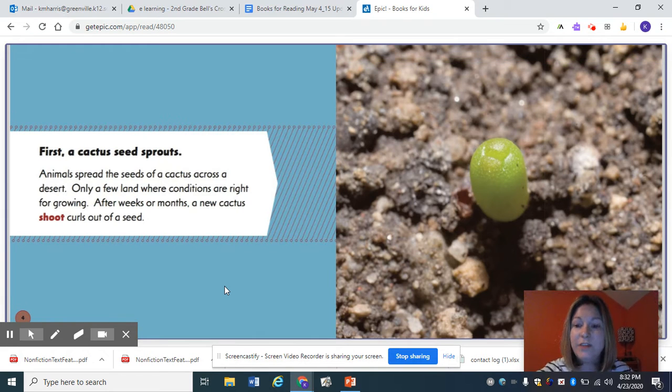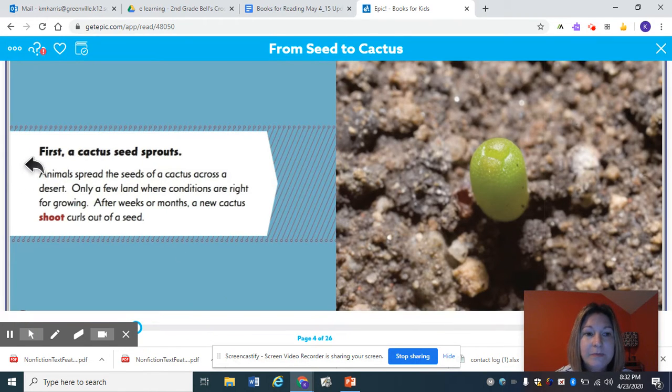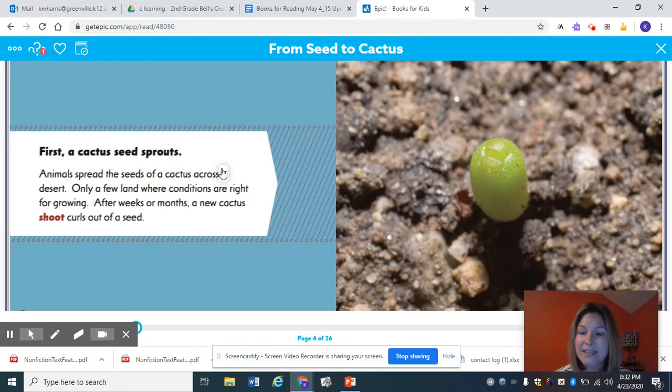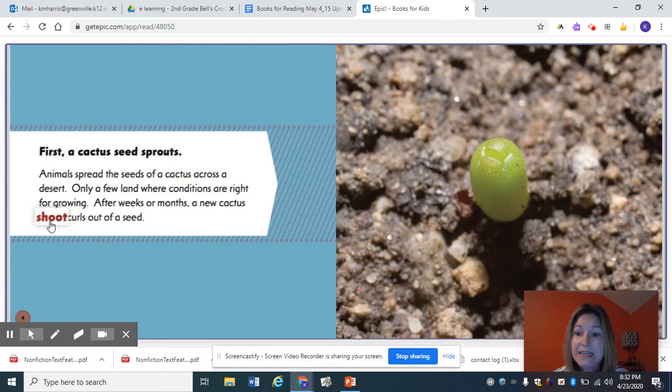So, as a review, yesterday we talked about special type. I see two different types of special type on this page. The first would be our heading is bold, right? Well, it's bold to let us know, hey, pay attention, this is the heading. Headings are important. Headings give us an idea about what we're about to read. And then below it, you see the word shoot is a different color.